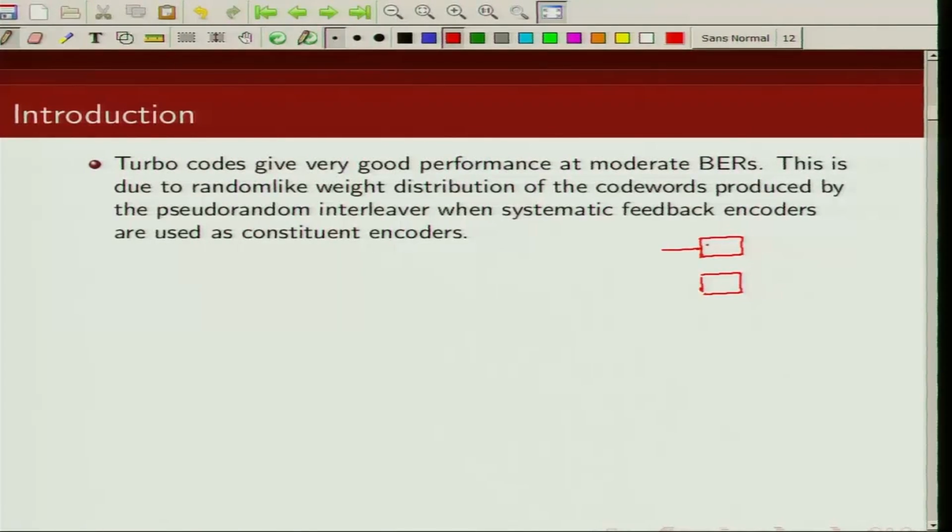So this is encoder 1, encoder 2. The information bit enters encoder 1 and the interleaved version of the information enters encoder 2. These are the parity sequences coming out of the first encoder and second encoder, and then this is systematic.